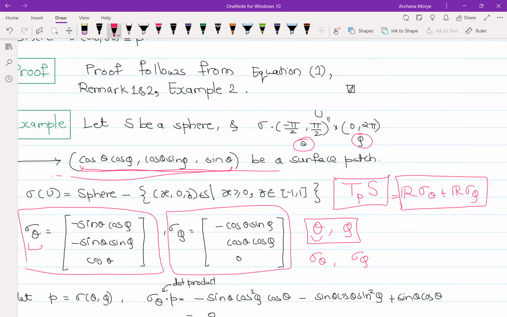But do you remember what the tangent space for a sphere is? Priyanka, do you remember how the tangent space for a sphere looks? Or Pooja, do you know what the tangent is? A plane. Yes, what is that plane? In general, when we define it, how do we do it?